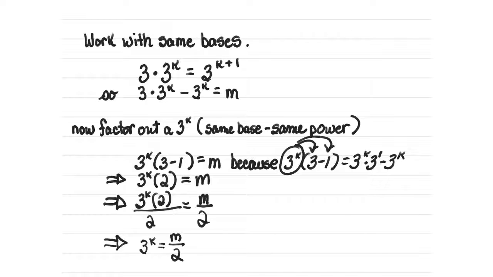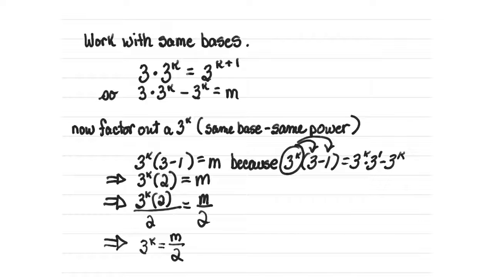So if we look at 3 to the k plus 1 in a little bit of a deconstructed way as 3 to the first power times 3 to the k, then we can break the problem up into having all same bases all together. And each one has a power.